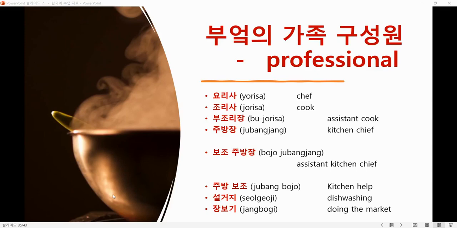Now in Chinese restaurants in Korea and Korean cuisine restaurants, we have another word that is used inside the kitchen. It is 주방장. 주방 is another word for 부엌, which is kitchen, and 장 is a chief. So 주방장 is kitchen chef, like a chef in an Italian restaurant.